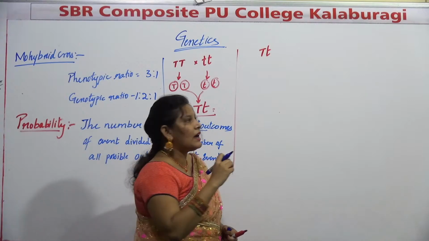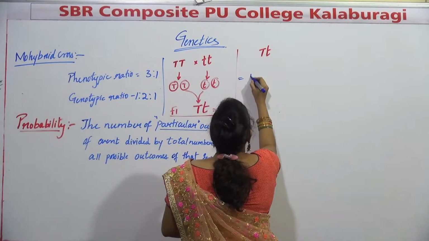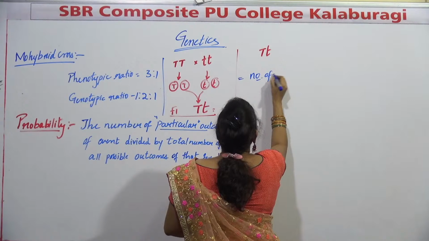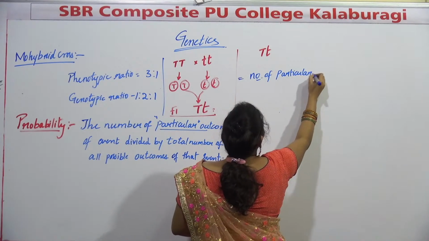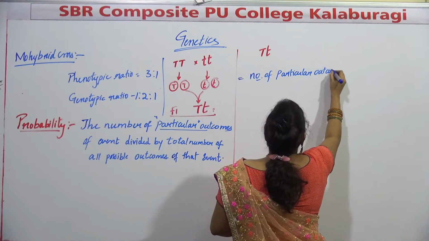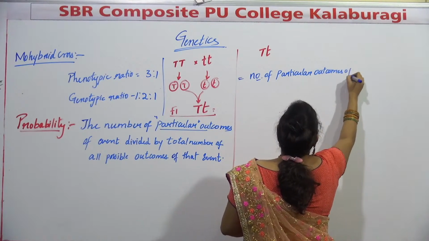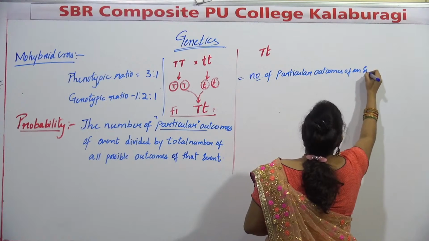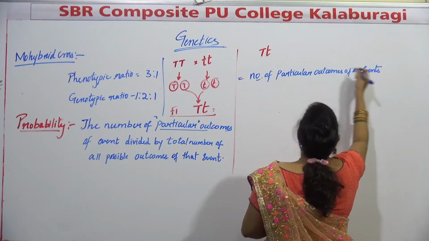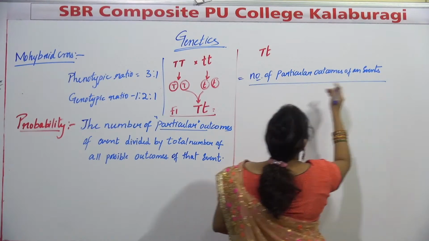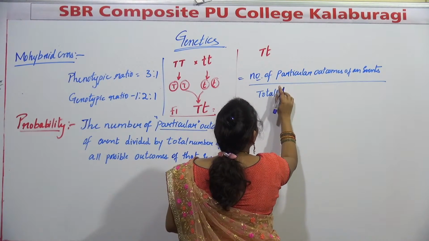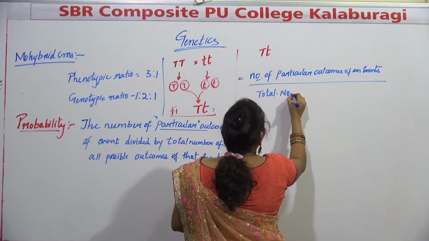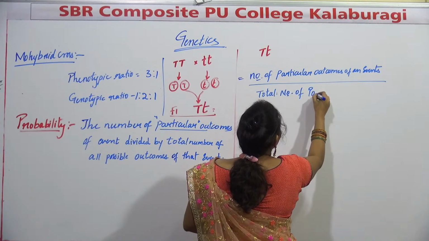We can write it as the number of particular outcomes of an event divided by total number of possible events.